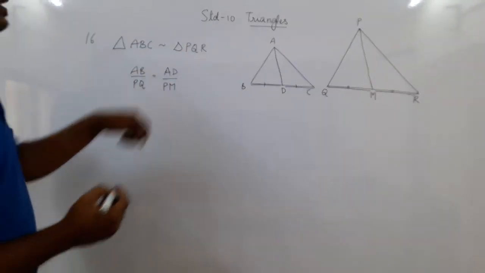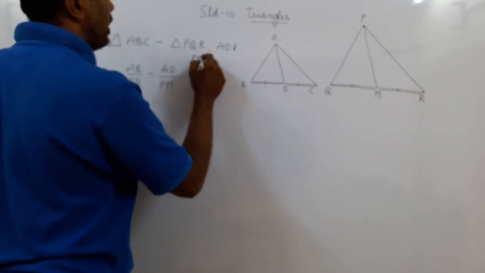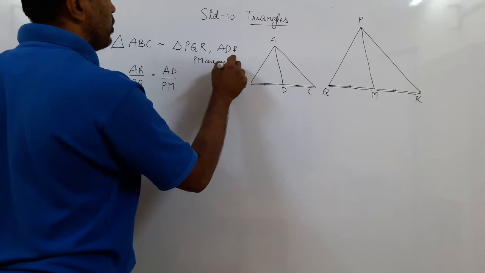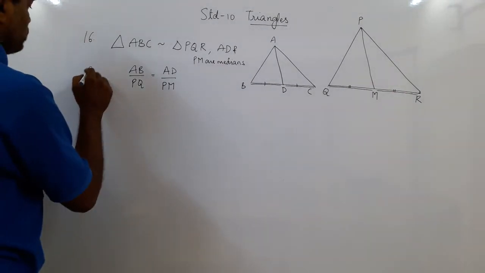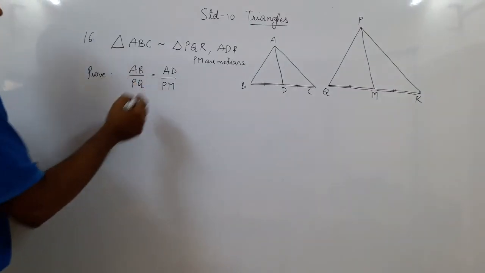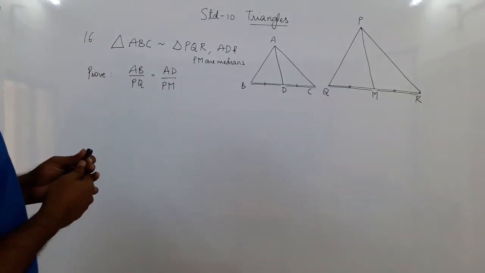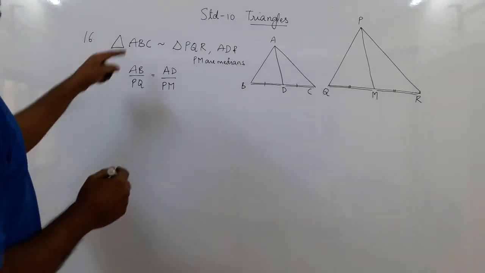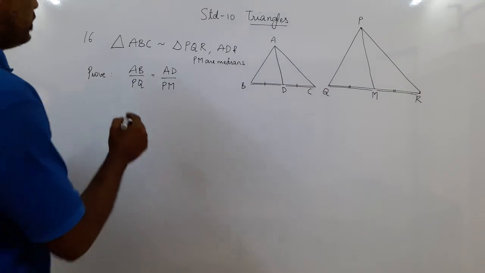The triangles are similar, and AD and PM are medians. What is the meaning of the word medians? They cut into equal parts. And we have to prove AB upon PQ is AD upon PM. First of all, what I will write here, this is a very simple sum: ABC and PQR are similar.